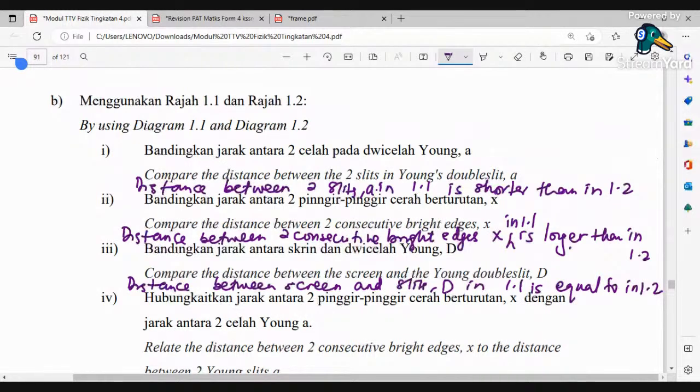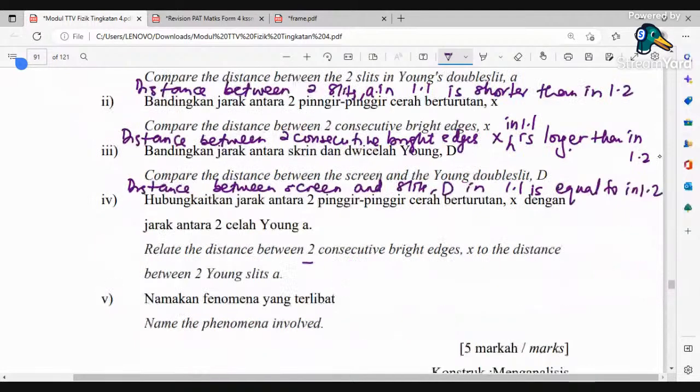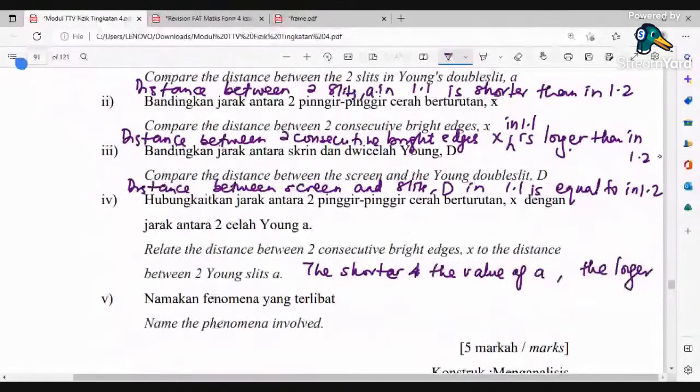So you can write the shorter the value of x, because a and x already defined, so I just write like this.